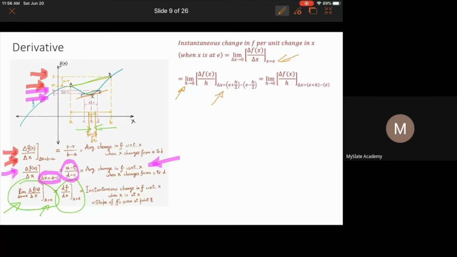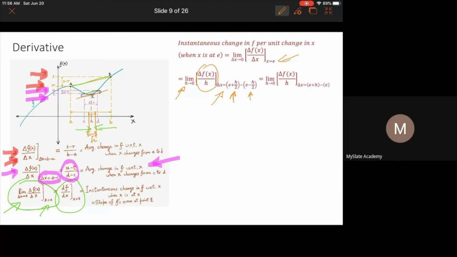So as you move from c minus h by 2 to c plus h by 2, where h is a very small positive number very close to 0, that is what delta x is. What is this ratio, delta f by the width of the interval? That is how we define the derivative.